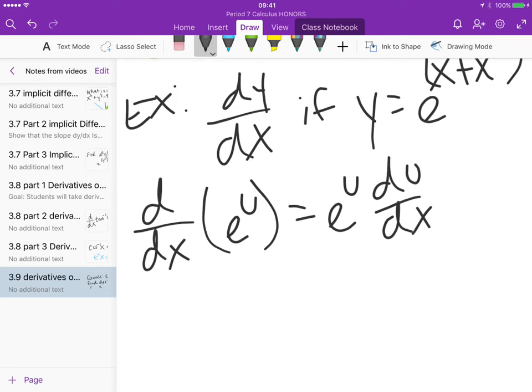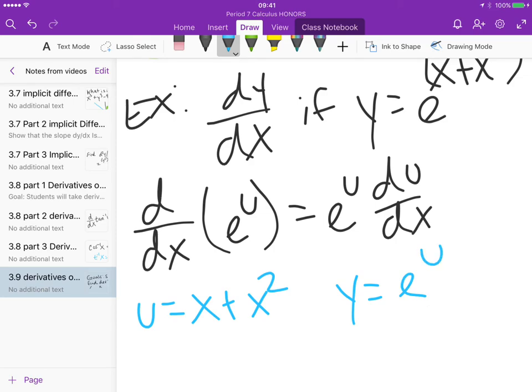Well, I know this is u substitution at its finest right here. This is our chain rule being used all in one. So let's make u into that upper part, that exponent, x plus x squared, and let's make y equal e^u.